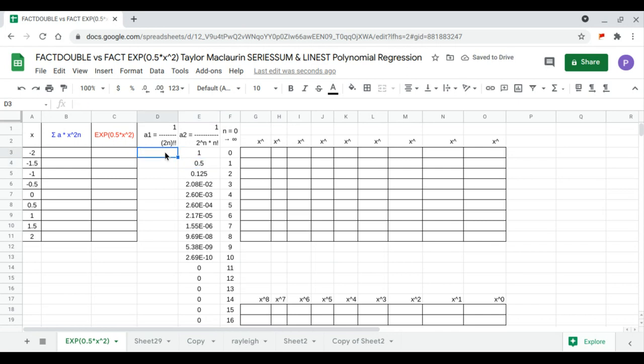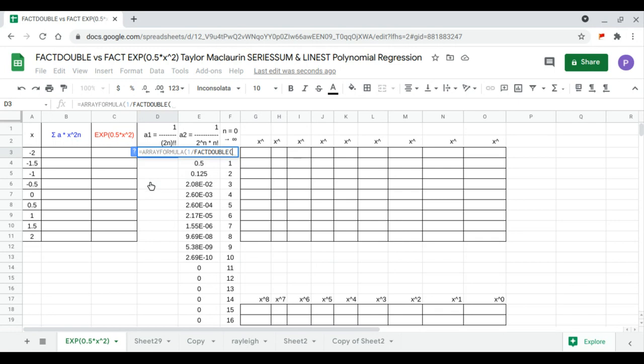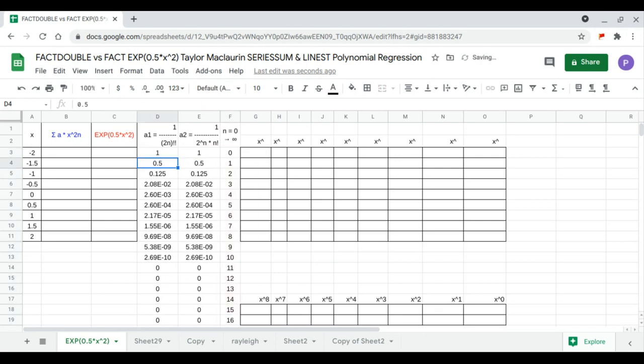And we use the double factorial. So array formula, 1 over the double factorial of 2 times n. And we still get these answers. These values are the same.